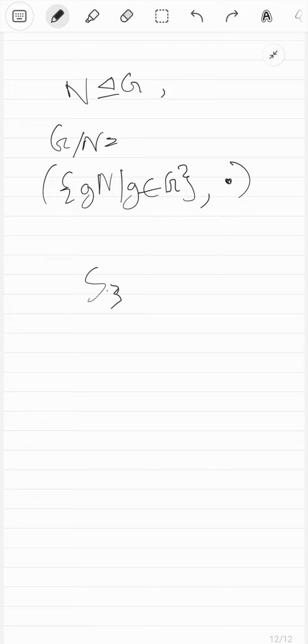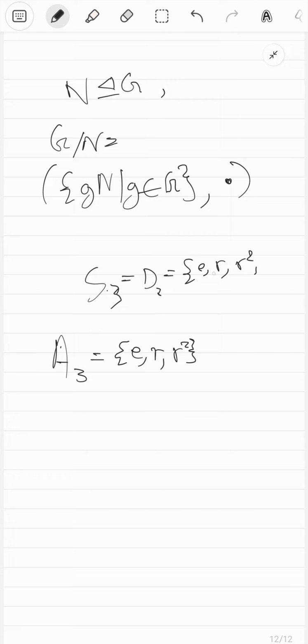It's actually a slightly bigger definition than just that, but for this simpler example, A3 can just be thought of as this thing. S3, or D3, is this thing: E, R, R squared, S, SR, SR squared. Well, A3 is just E, R, R squared.